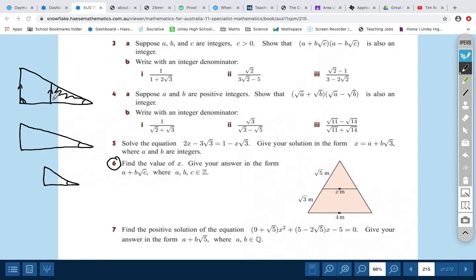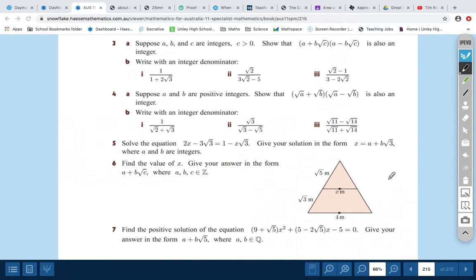So I've drawn this to look like a right angle. But if these are truly parallel lines, then it means all three angles of the triangle have to be the same. And when you have three angles the same, you have similar triangles, okay? So this little triangle up the top is similar to this large triangle there.